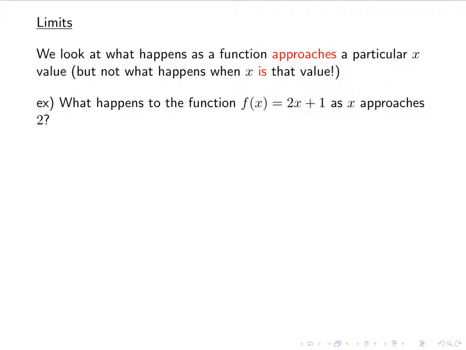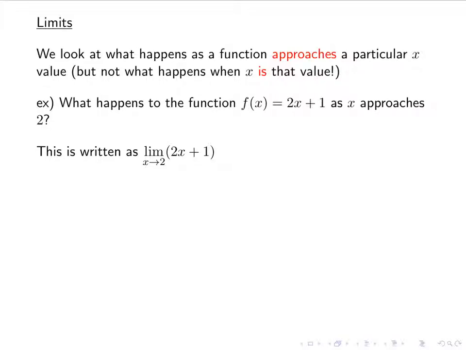So as an example, what happens to the function 2x plus 1 as x approaches 2? We write this as LIM, short for limit, and then below the limit is x, your variable, an arrow, and then 2, the number that we're concerned with, and then in parentheses the function. So this is said as the limit as x goes to 2 of 2x plus 1.